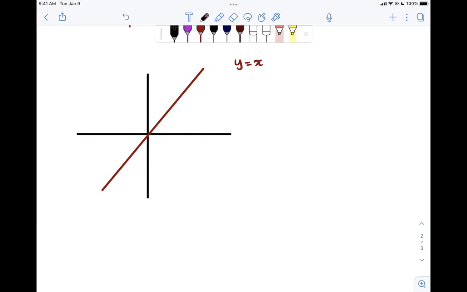Let's say this point is 2. And we want to find or approximate the integral from 0 to 2 of f of x. And y equals f of x over here. So how are we going to do this? Let's say the question tells us to use 4 rectangles and a left sum.